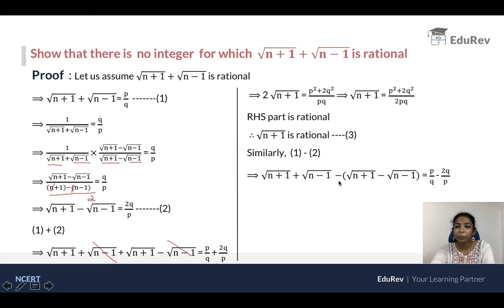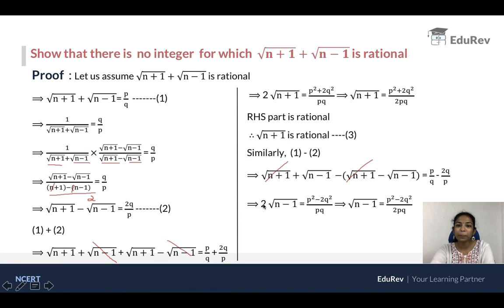See, if I multiply with the minus sign, this will become minus root n plus 1, and minus of minus, this term will become plus root of n minus 1. So the root n plus 1 terms get cancelled in this case, and root n minus 1 plus root n minus 1 will be simply 2 root n minus 1, and if I take LCM here, it's p square minus 2q square by pq.